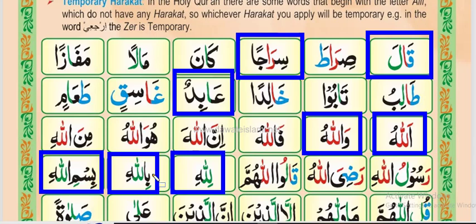Next is ba, lam, kasra, bil, lam standing, fatha, la, billah, ha, kasra, hi, billahi. Next is ba, sin, kasra, bis, mim, lam, kasra, mil, bismil, lam standing, fatha, la, bismillah, ha, kasra, hi, bismillahi.